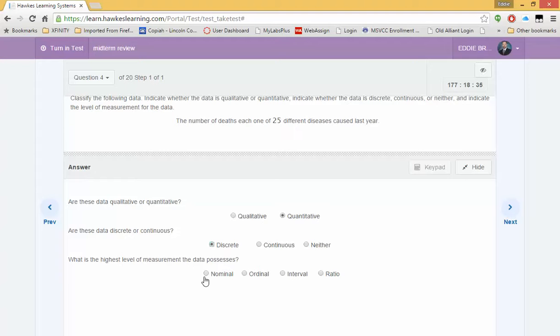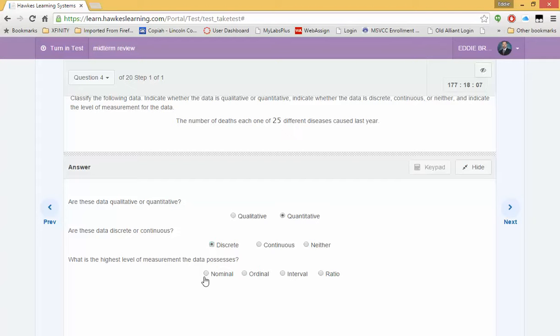But they would not be ordinal, because they probably wouldn't be ordered, unless it was maybe by number, least to greatest, or by alphabetical or something, but that really wouldn't have anything to do with the set of data. So it is a little more complex than that. The next is interval. An interval would be, well, hey, can I add, can I subtract?